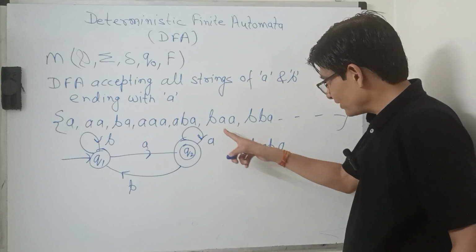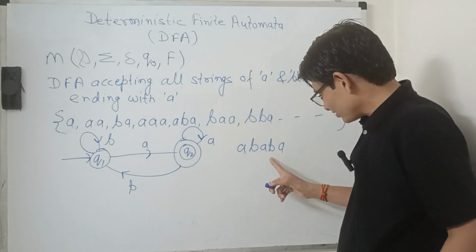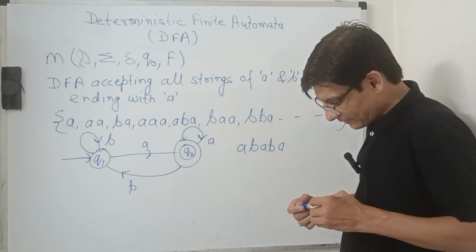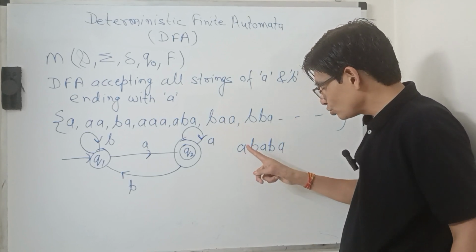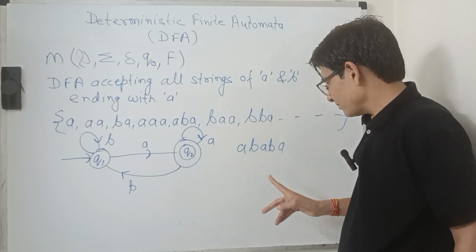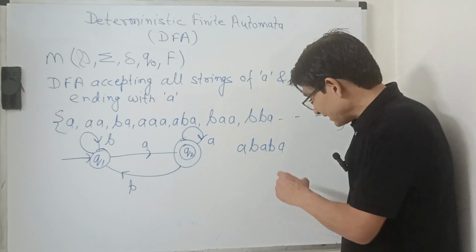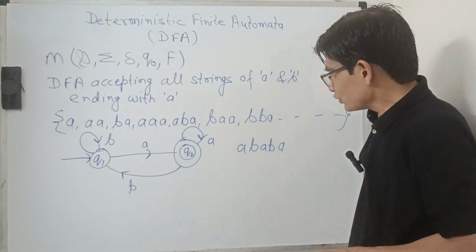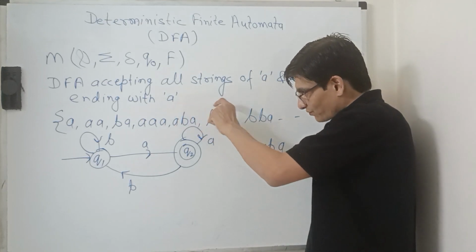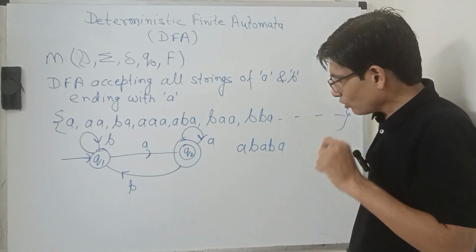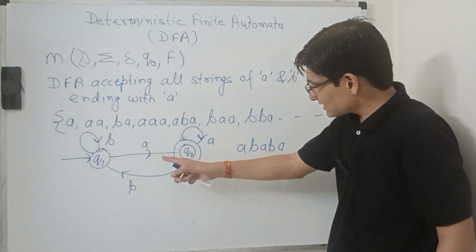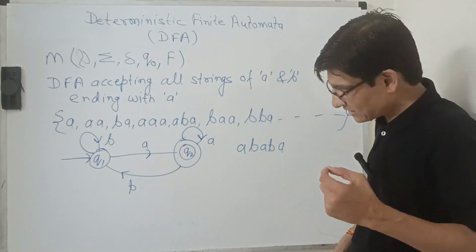This string belongs to this language because it is ending with A, and it has only two symbols, B and A. Both symbols are there, and the string is ending with A. So this is a valid string for this particular language. Now let's see whether this machine is accepting this string or not.